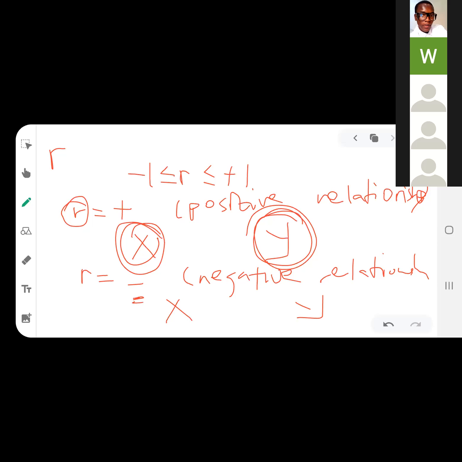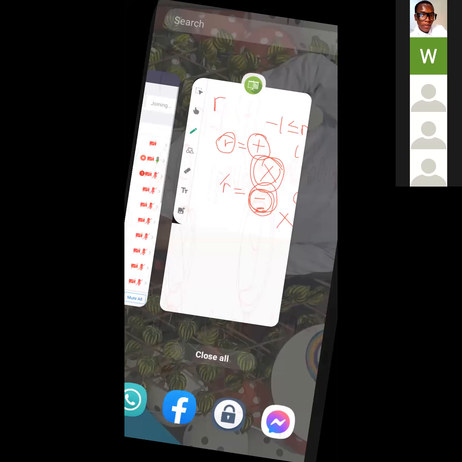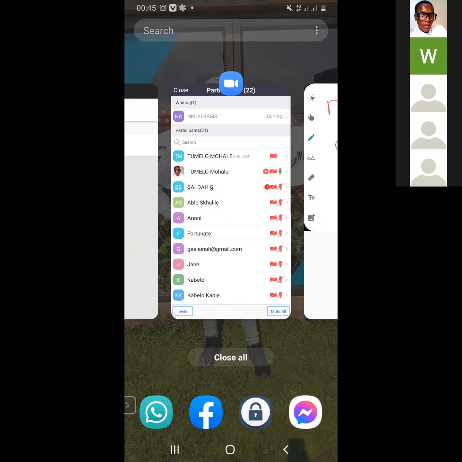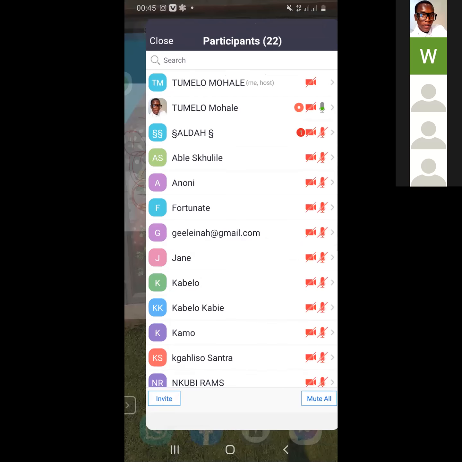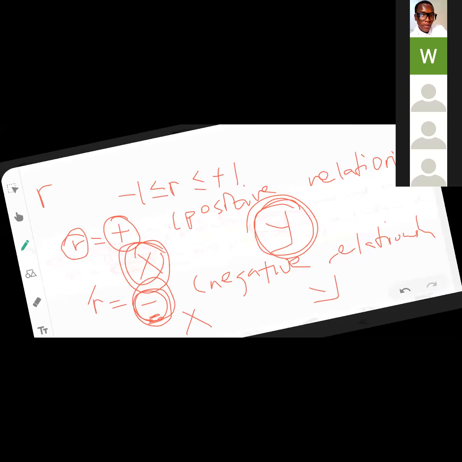The value of R will be negative, and it tells us that the relationship between those variables is negative. But if the relationship is positive, they agree with one another. Do you guys understand? So remember, you are going to interpret all your findings. Are we together?